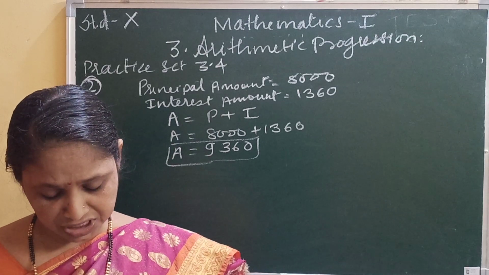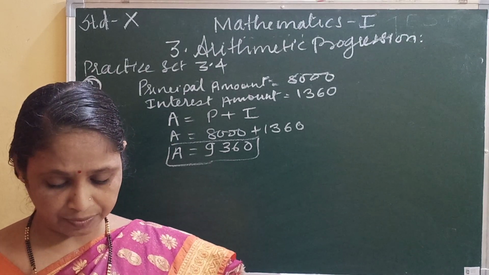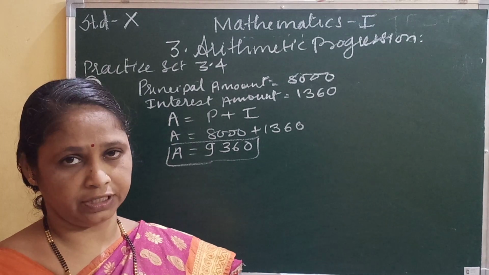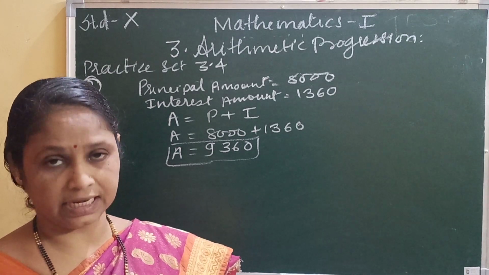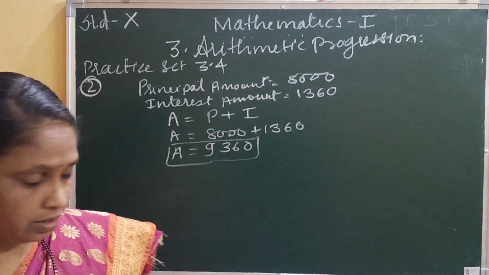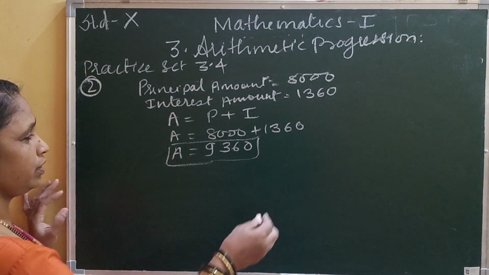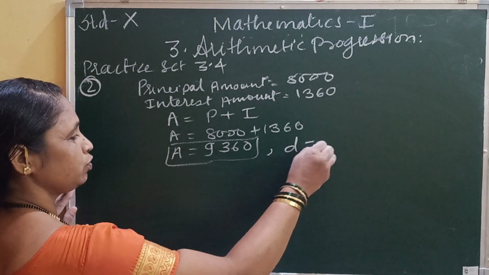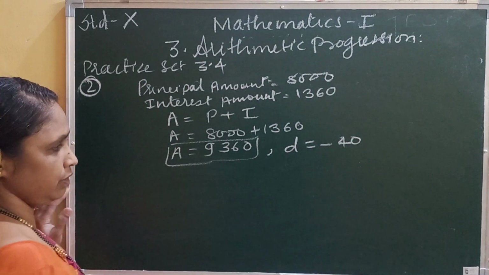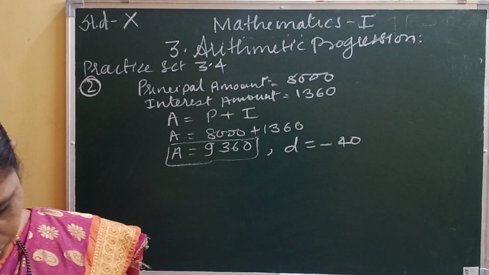Now see, each installment is less than the preceding one by 40. Means each amount is less by 40 rupees. Here the common difference is given. Difference is equal to minus 40. And what do you want to find out?